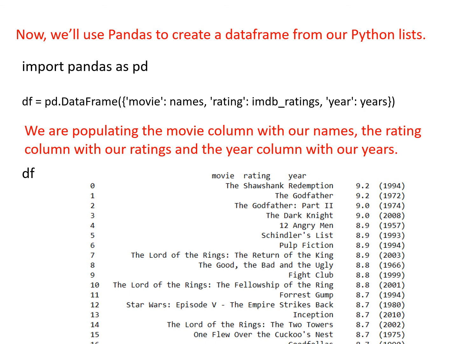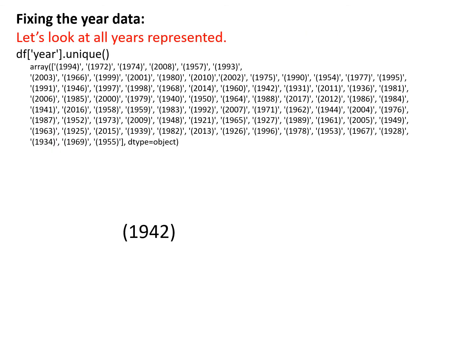The reason we might want them to be numbers is maybe we'd want to sort them by order of year. We might want to get an average of year or something like that, and we can't get an average if we just have some character strings. So we need to get rid of those parentheses. So that's what we'll do next.